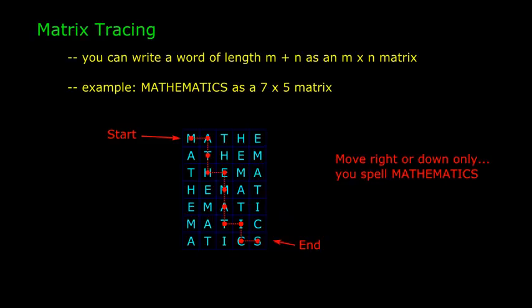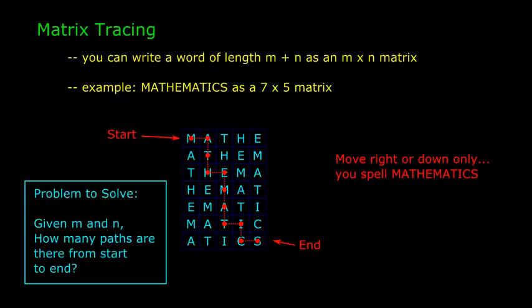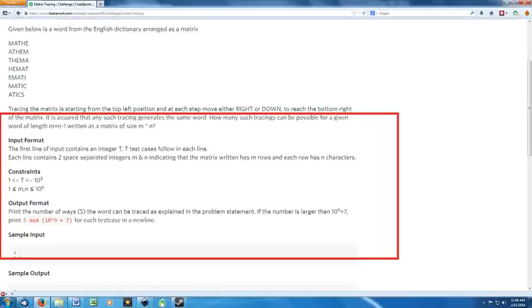Now, what the program has to do is, given those numbers m and n, that is the width and height of a letter matrix, figure out how many different ways there are to get from the upper left to the lower right. Now, I should say that the original problem description makes this into a batch processing program with specific requirements for input, output, what to do if the result is very large, and so on.